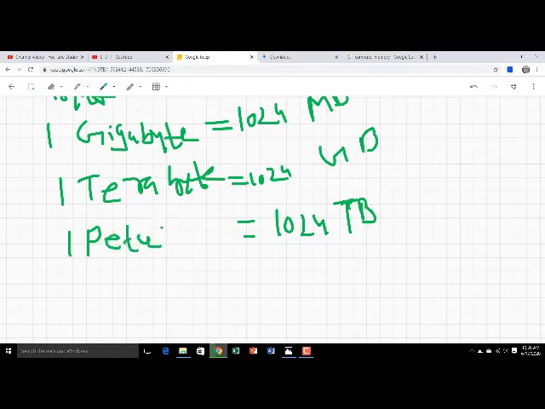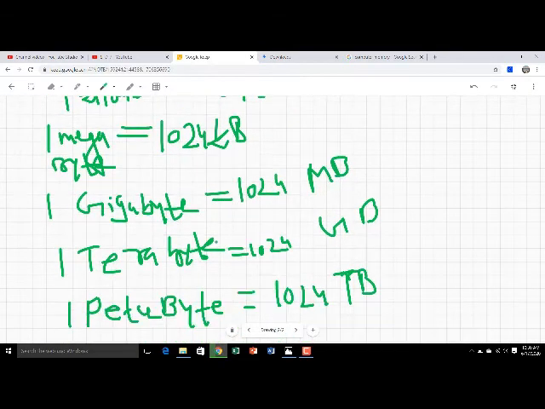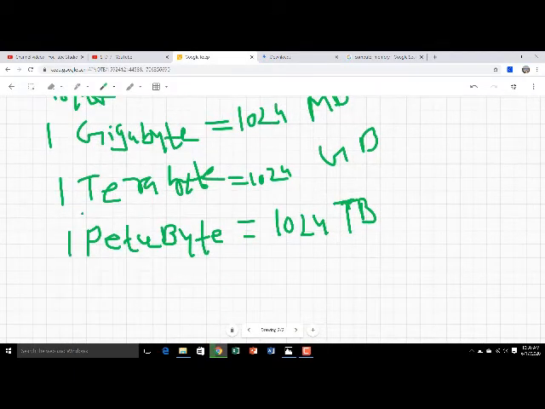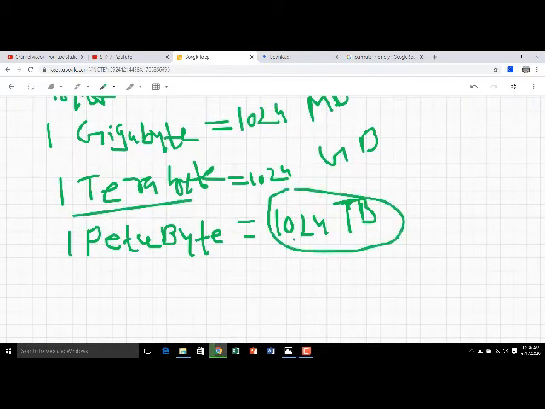So these all are the units of our memory, different memory sizes. In current days, we are all using up to the terabyte. 1024 TB make 1 petabyte.